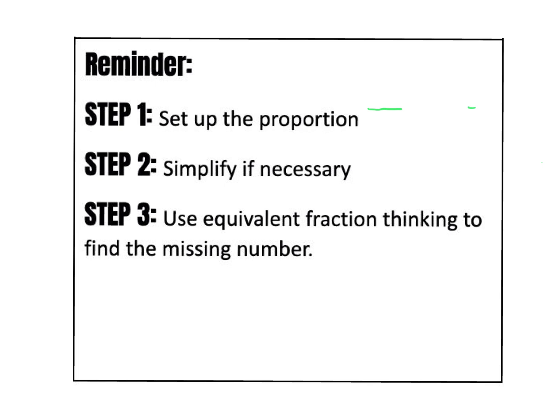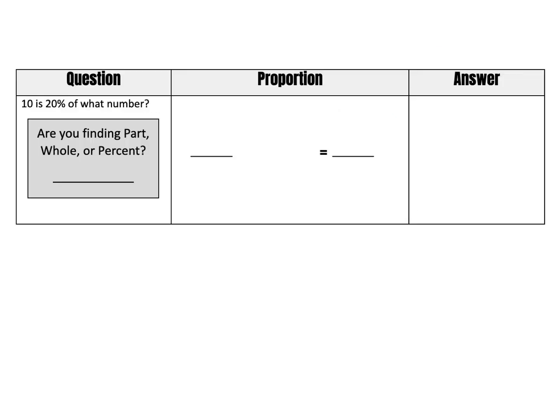And then you'll write an equal sign and another fraction bar on the other side, so you have room for your big one work. And then you'll simplify if you need to, but sometimes you can just use equivalent fraction thinking to find the missing number right away.